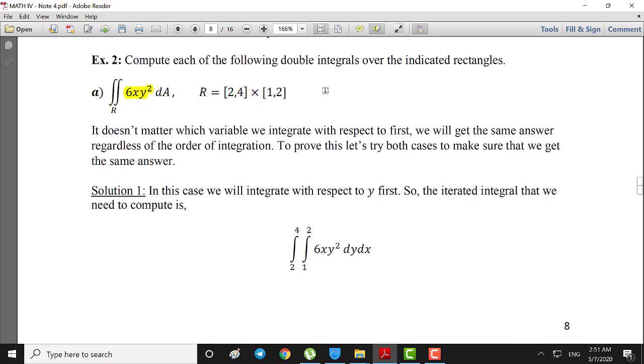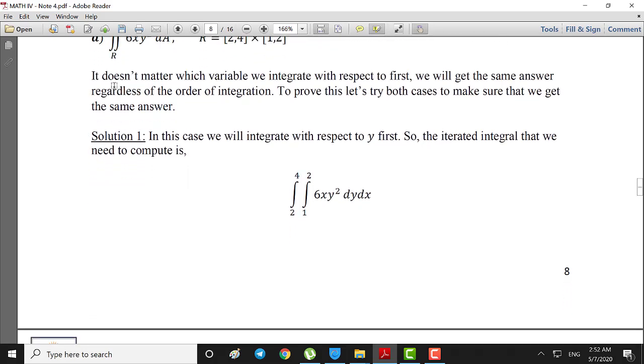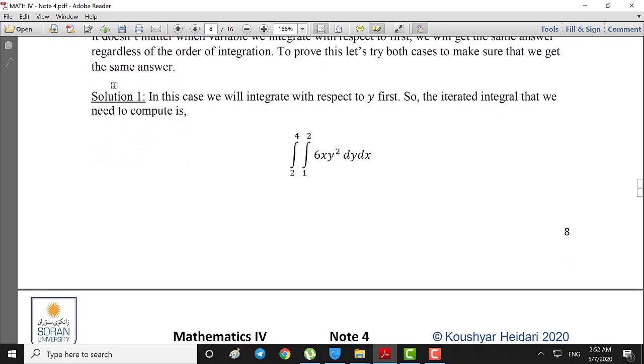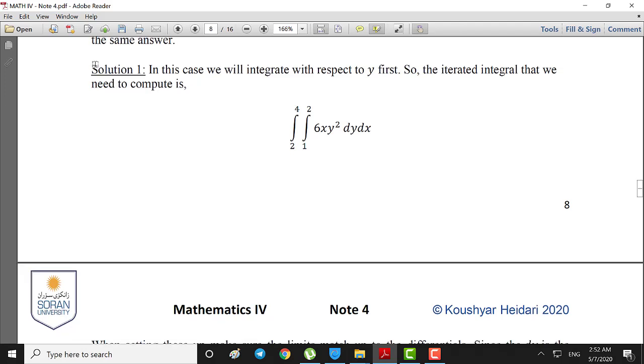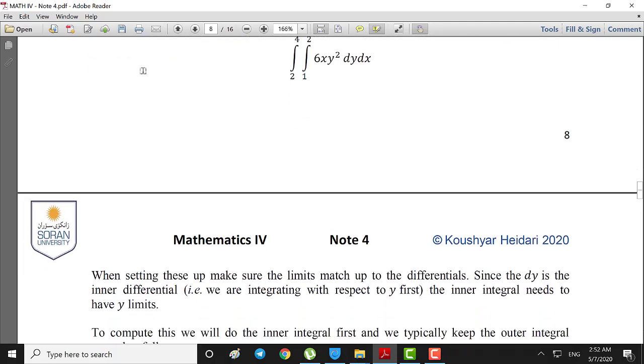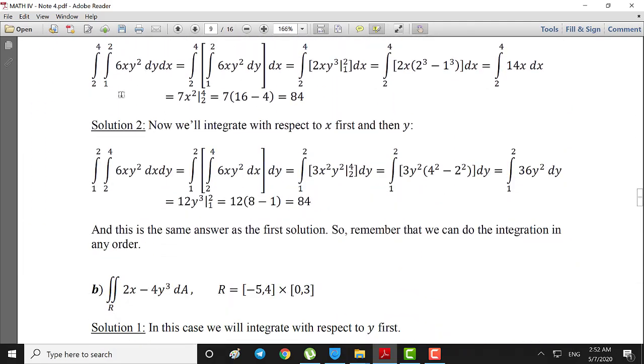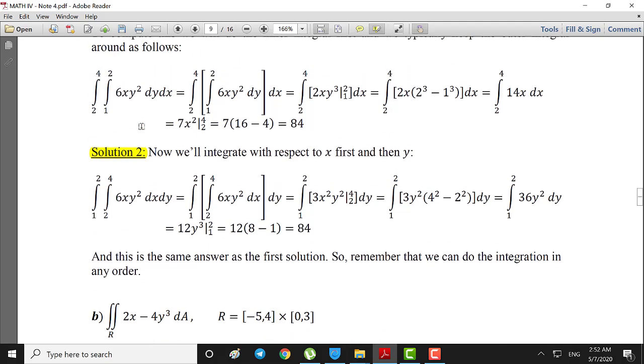Now, as we learned in Fubini's theorem, we can calculate the value of this double integral in two ways. The first way is written here in solution 1, and the second way of calculating that integral is written here in solution 2.